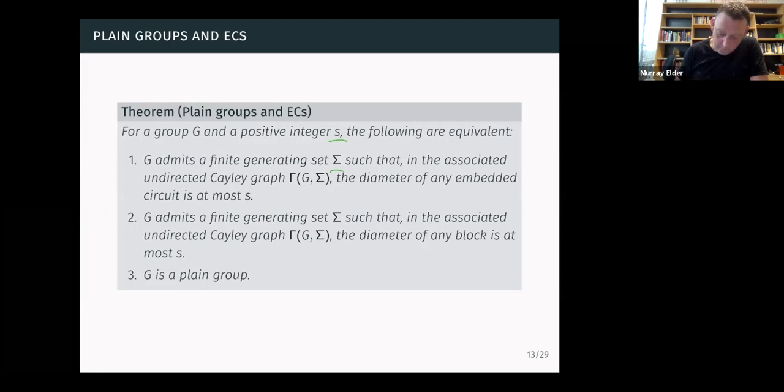So you've got maybe that picture that we had on the last one, you try and draw an embedded circuit, the diameter of that circuit would be at most 1 because you only had triangles.